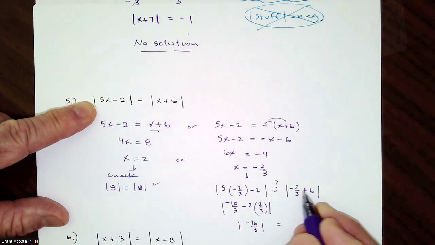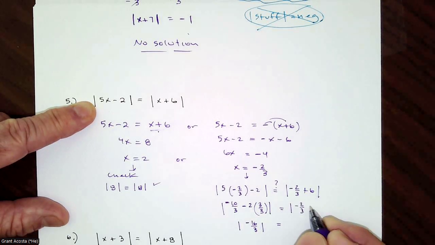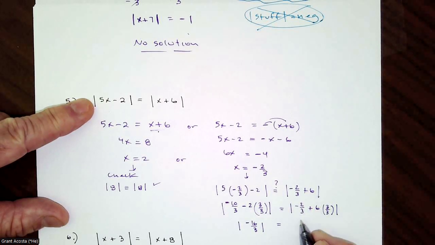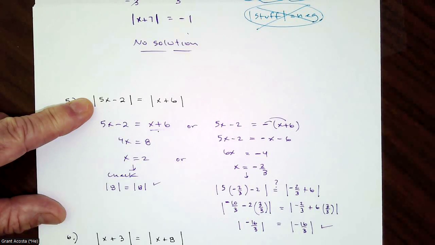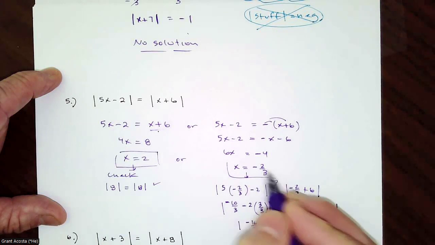And we're going to see here if that equals this. So I want to multiply that 6 top and bottom by 3 over 3. And I end up with negative 2 plus 18, which is negative 16/3. So the absolute values of both sides would be equal to each other. So both of these answers actually work.